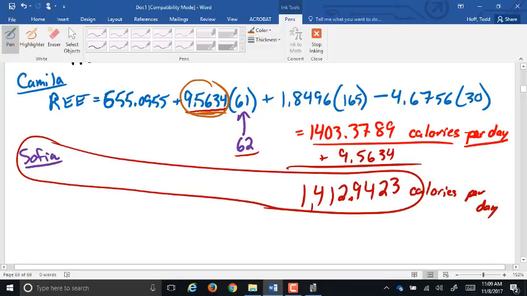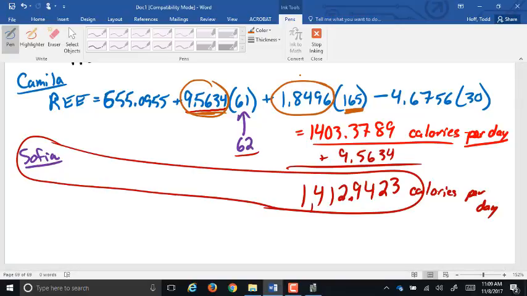If their height was changed by 1 centimeter, how much would that change their resting energy? Perfect. Yes, it's their height times 1.8496. So that would be the rate of change as related to the height. So every centimeter of height difference would be 1.8496 calories.